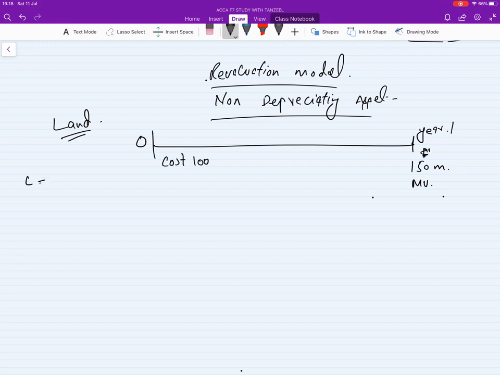So we have already discussed this equation. You must have read this equation many times in your life. Capital is equal to net assets. Capital or equity is equal to assets minus liabilities. So in this case the assets are increasing, and if the assets are increasing, it means the equity will increase.